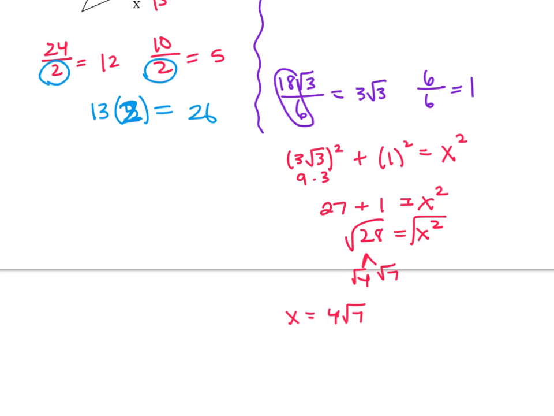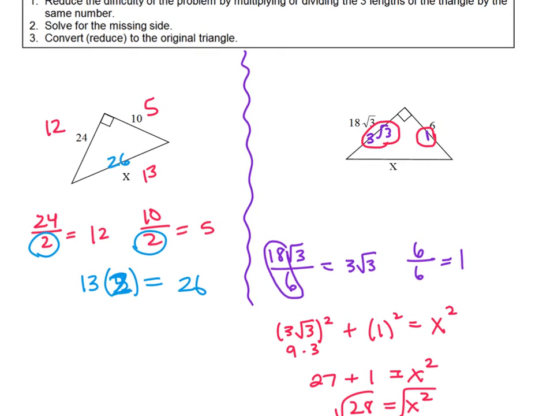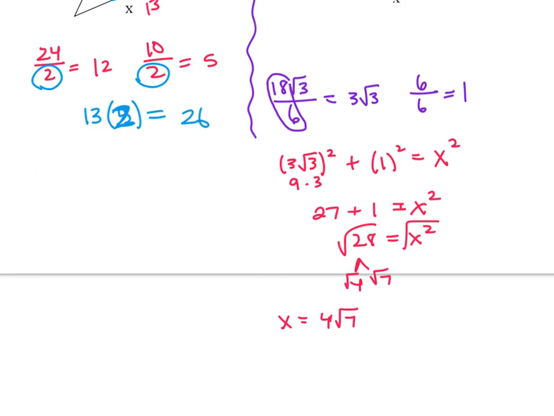What we want to remember is that we just found the reduced side. The reduced is 2 square root of 7. I messed that up down there, didn't I? Yep, be careful about that. The square root of 4 is a 2. So I'm going to make that a 2 right there. So 2 square roots of 7.